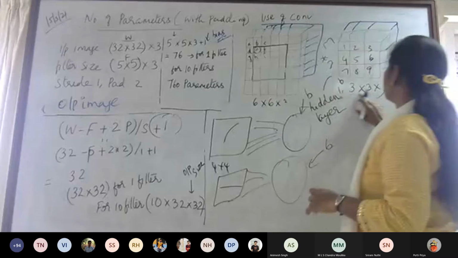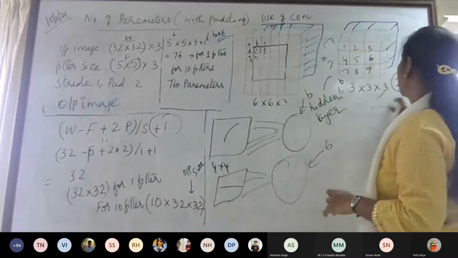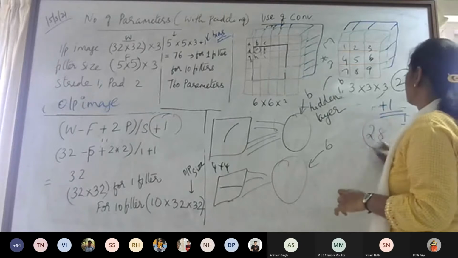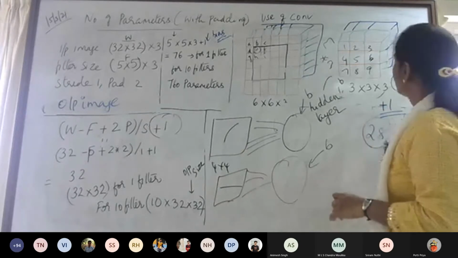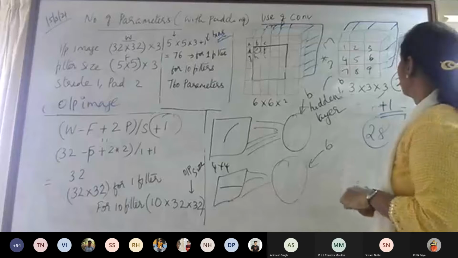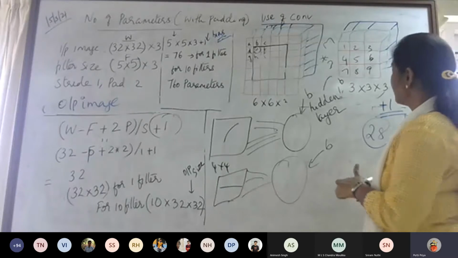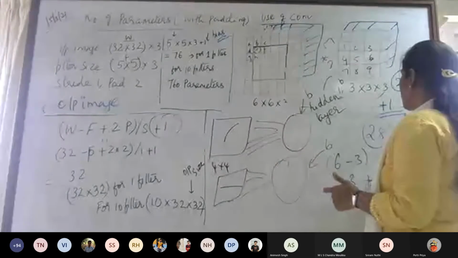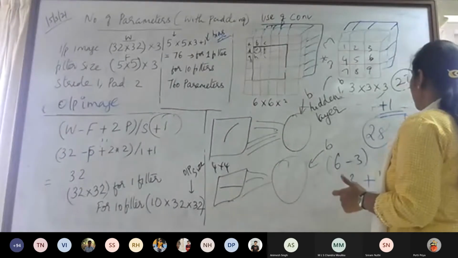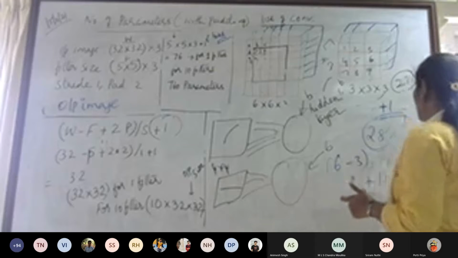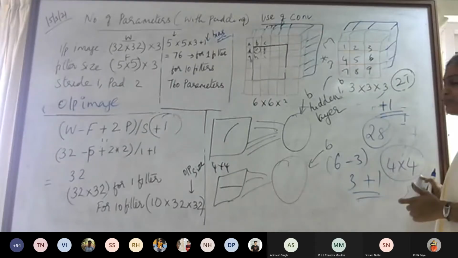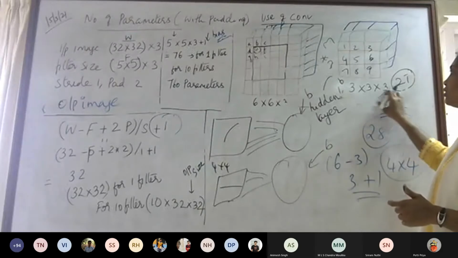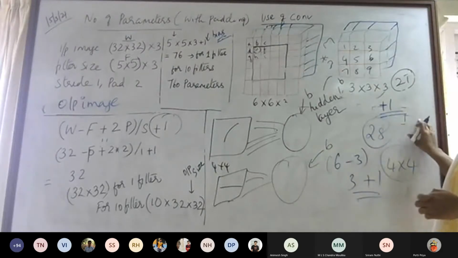That means here 3 cross 3 into 3 plus 1 you will add to get the parameters, 28. And then 6 minus 3 is 3, plus 1 you will add to get 4 cross 4. This 4 cross 4 is the size of the output image, whereas the number of parameters is 3 into 3 into 3 plus 1, 28.